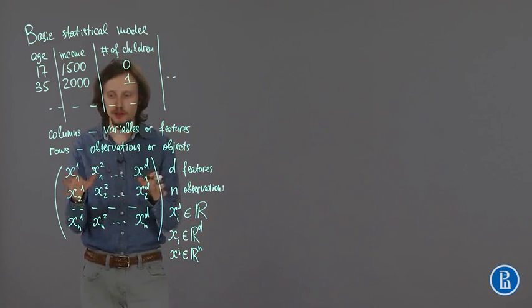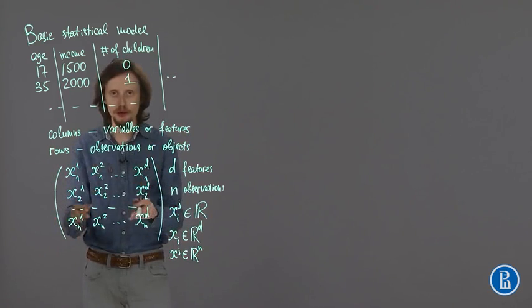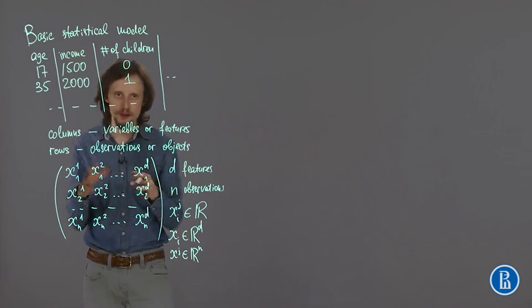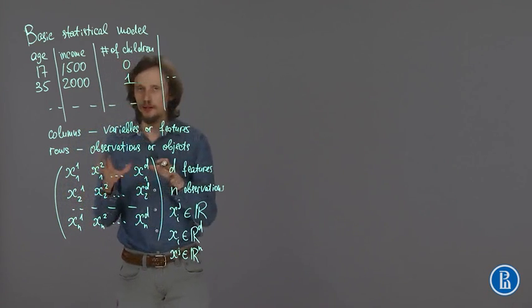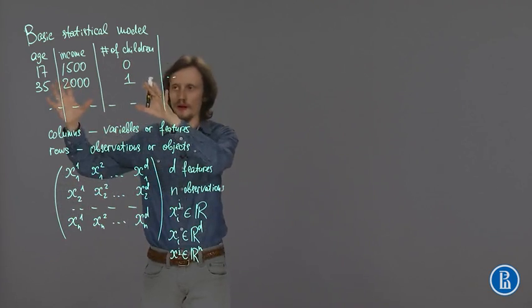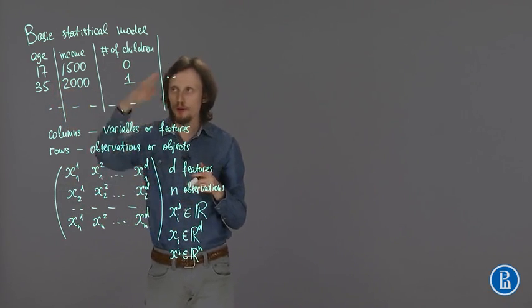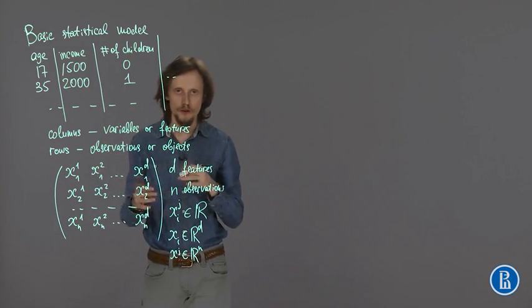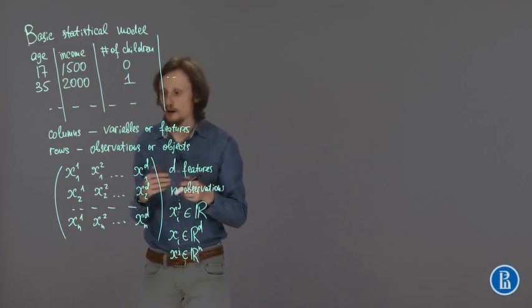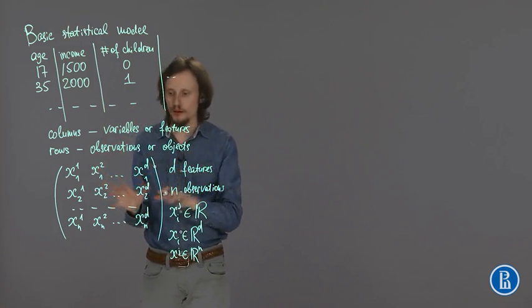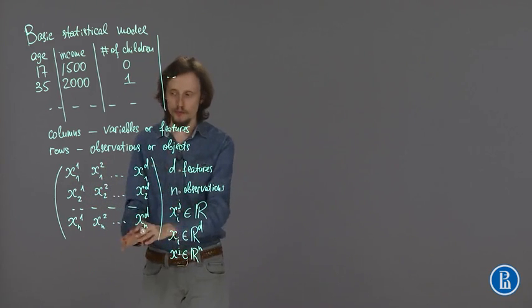We assume that our data is obtained as a result of some random experiment. For example, if we discuss some study that involves some people, then it means that these people that are included in this study are selected from the general population in a somewhat random way. So we have some randomness in this table.